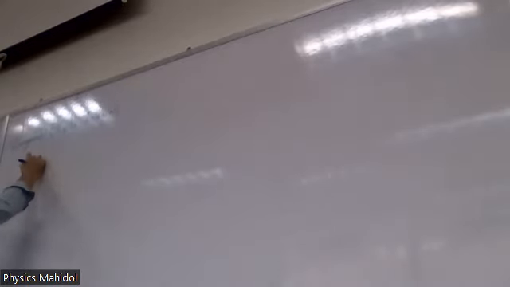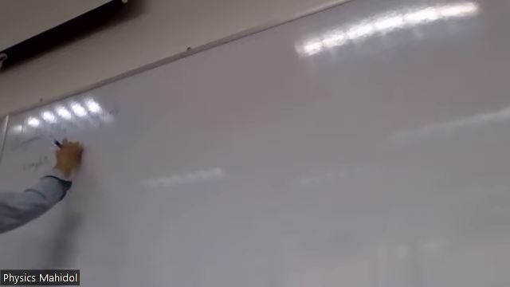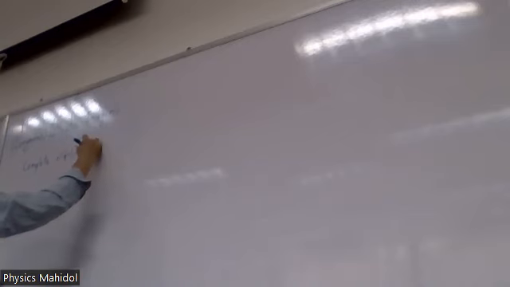The first two functions that I'm going to talk about are called complete elliptic integrals, and they are called the complete elliptic integral of the first kind and the complete elliptic integral of the second kind.